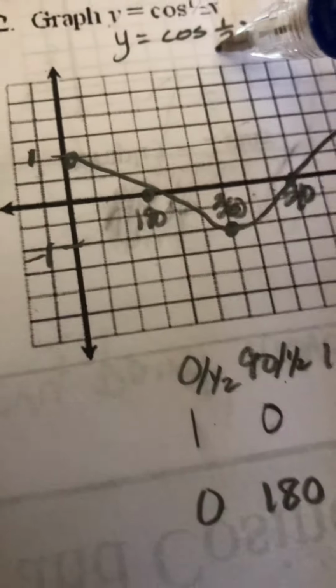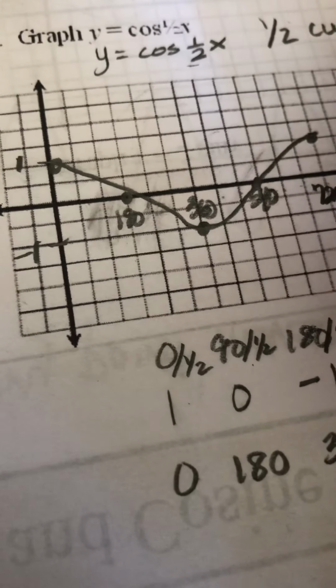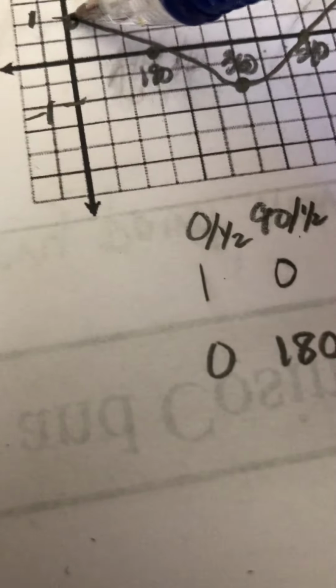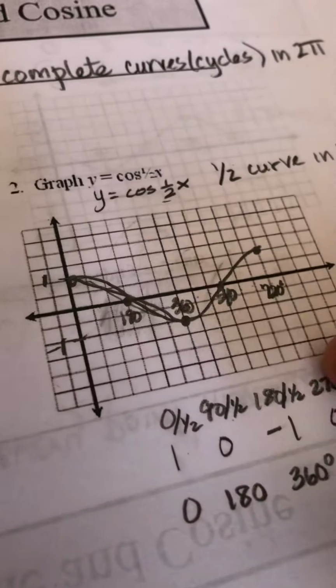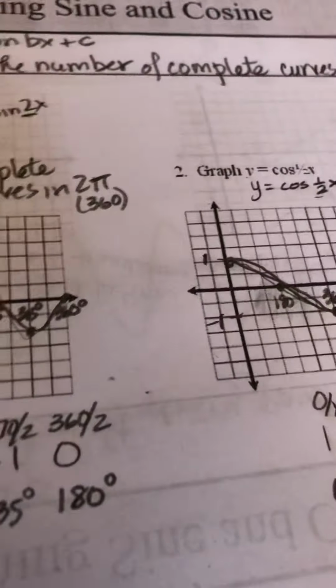And this one's telling us we should have a half a curve in 2 pi, or 360. So let's look at our graph. When we go from 0 to 360, that's half our graph. Right? That's not one full sine graph, that's a half of it. So that's how frequency is related to our a sine bx plus c.